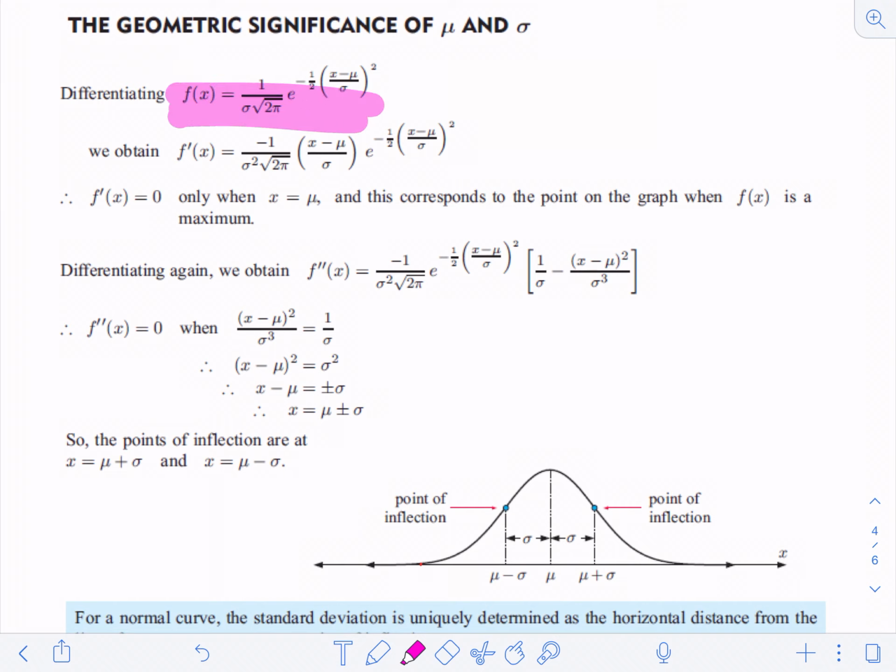So if this is our formula for the normal distribution, do you remember in calculus we took the first derivative, which was the slope, and we took the second derivative? The second derivative was the instantaneous change of the slope, or where the slope went from increasing to decreasing or vice versa.